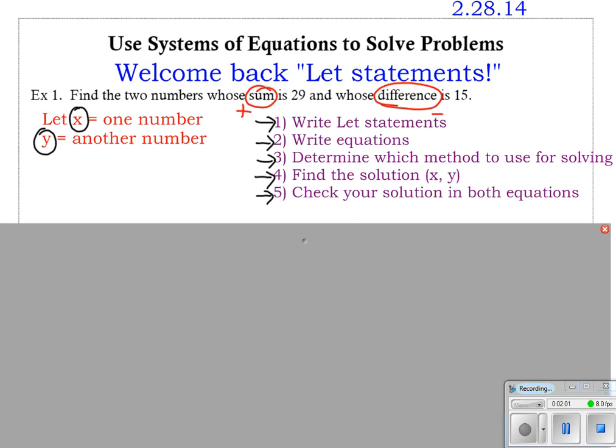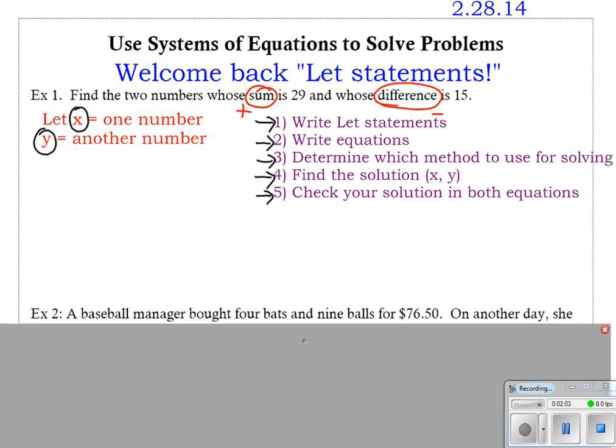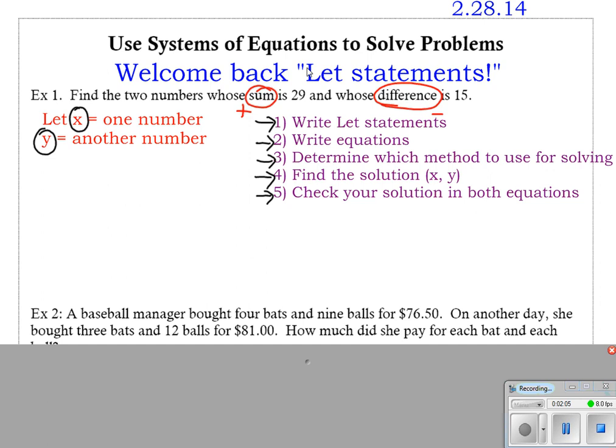Yep, I'm going to be adding the two together. x plus y equals 29, whose difference, x minus y, is, remember is our equal sign, 15.